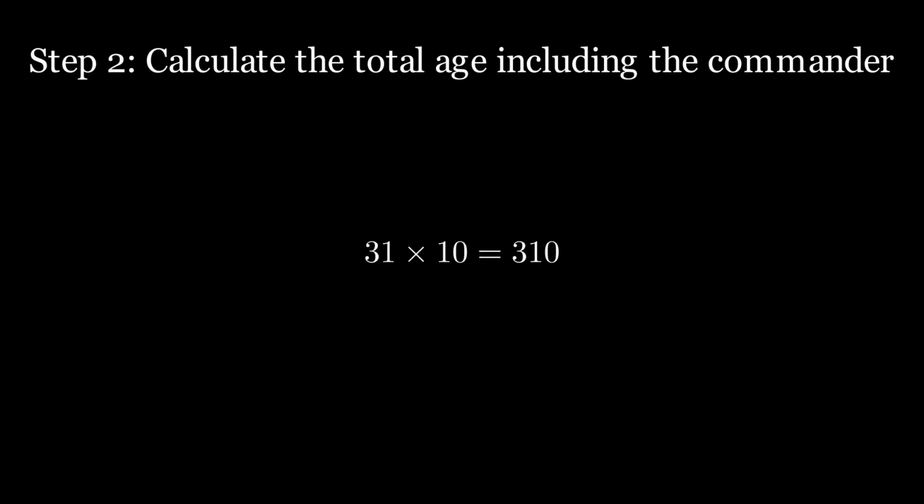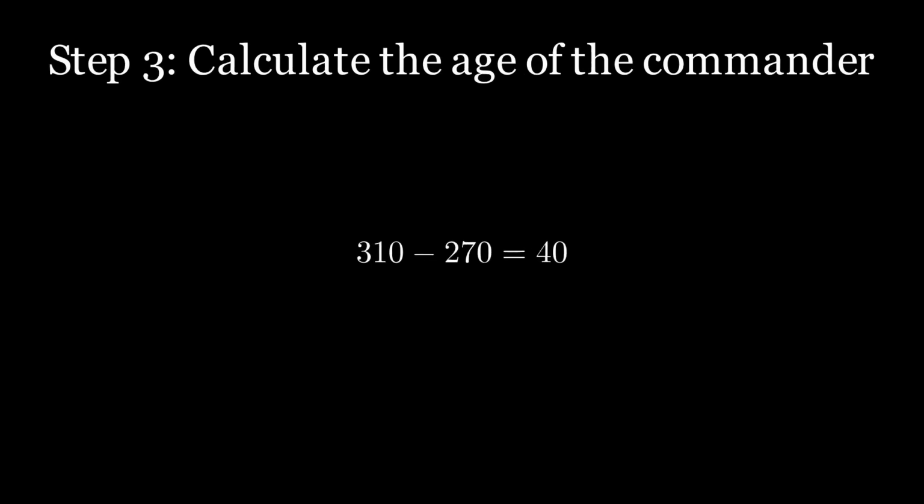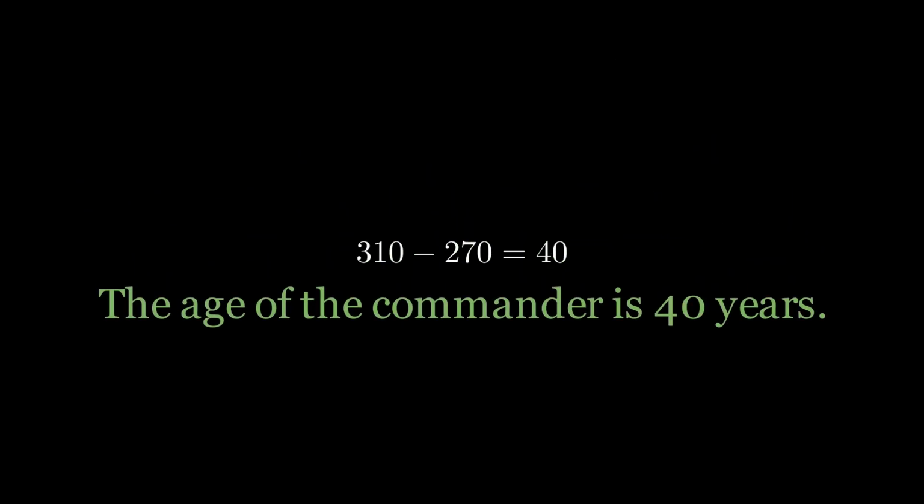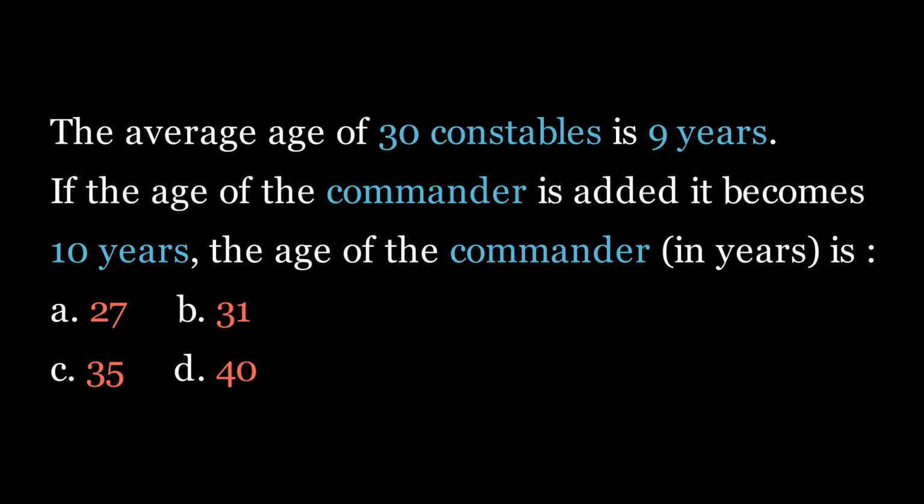So if we multiply 10 times 31, we get 310. That will be our total age, minus the total age of the first part of the question, in order to get the age of the commander. So 310 minus 270, we get 40. So that will be the age of the commander, which in our case will be option D.